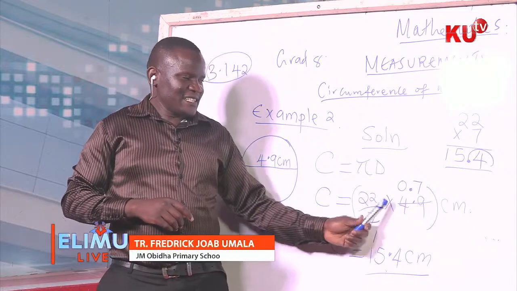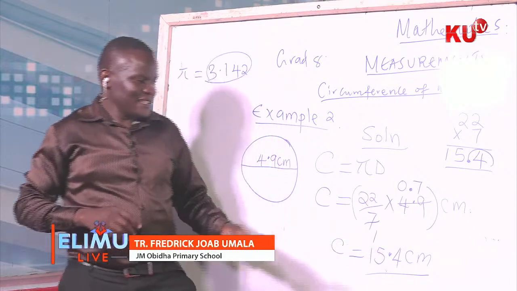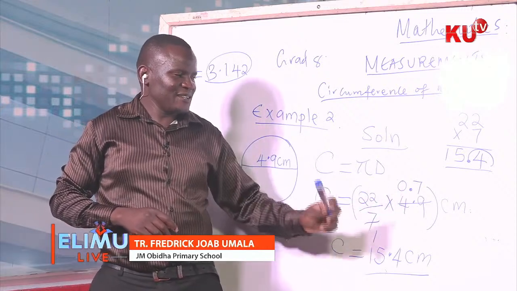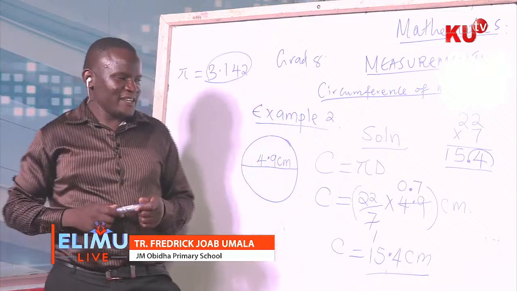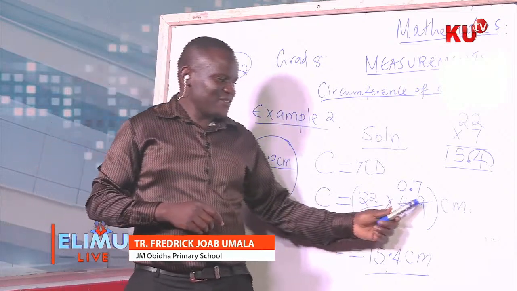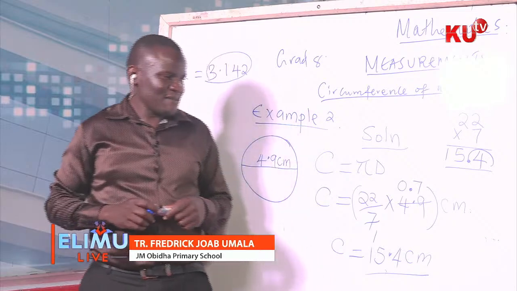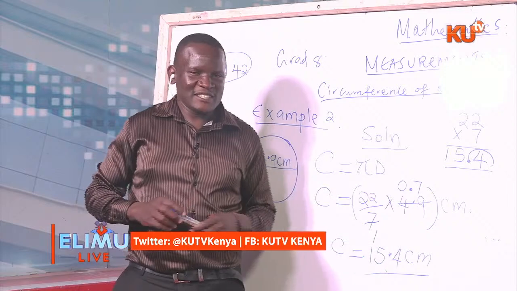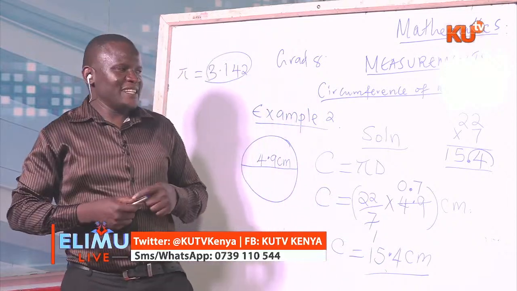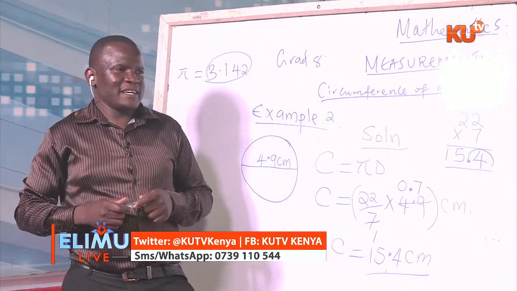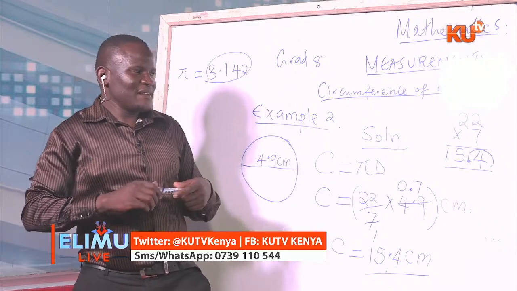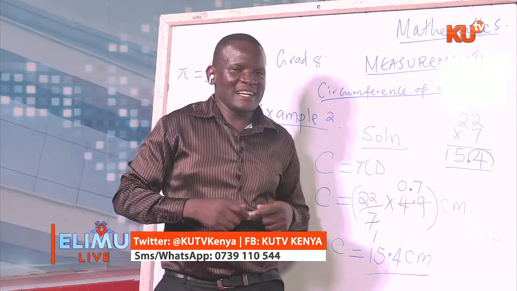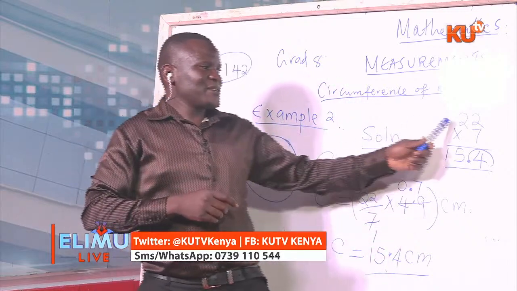So 22/7 times 4.9. 7 will go into 7 once, into 4, 0. We put our decimal point there. Into 49, 7 times. So we have 22 supposed to be multiplied by 0.7. And I said earlier that when you are multiplying, you assume the decimal point and introduce it later on in the answer that you will get. So we have our 22.